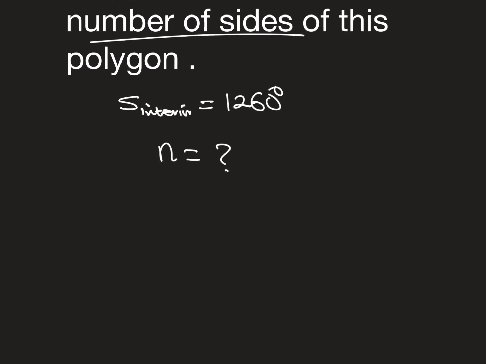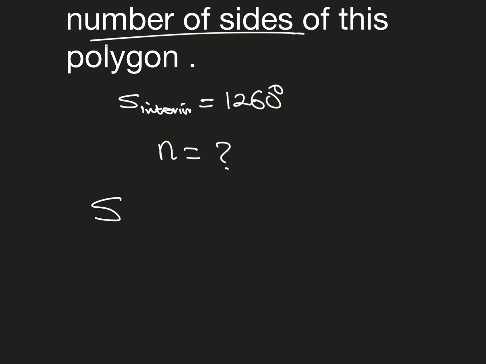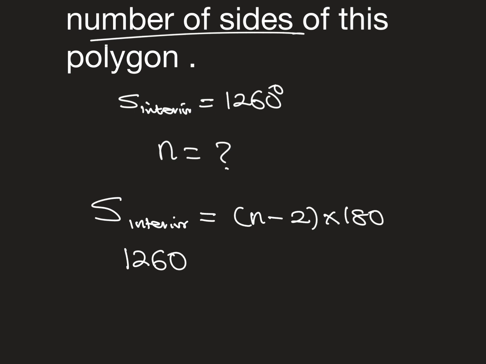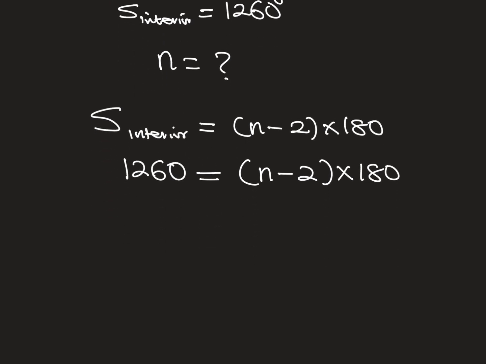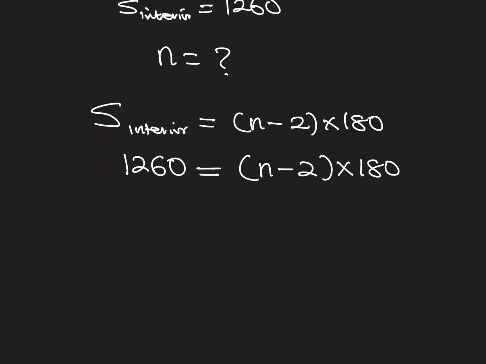How do we do that? We know that the sum of the interior angles is given by the formula (n minus 2) multiplied by 180. The sum of the interior angles is already given, it is 1260. So that is going to be (n minus 2) multiplied by 180. So with this, we can find n. How can we go on with this calculation?